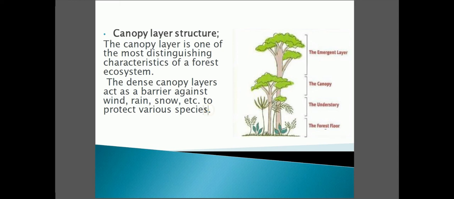So most of the time we need a dense forest ecosystem. If we look at this diagram, it shows that the forest floor contains some plants, the understory plants could be here, the canopy layer could be here, and the emergent layer could be here.